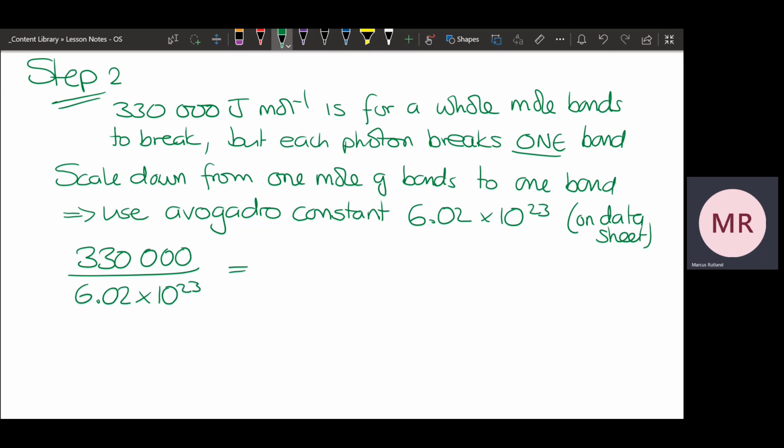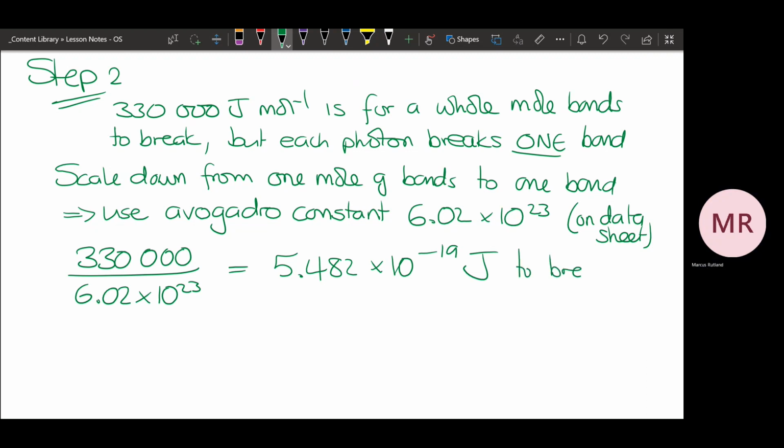Well, we divide by how many bonds there are, which in a mole is the Avogadro constant number, the 6.02 times 10 to the 23. This is going to come out as a very small number, so it takes a tiny amount of energy just to break 1 bond, however strong we might say that they are. So this works out as 5.482 times 10 to the minus 19 joules to break 1 bond.